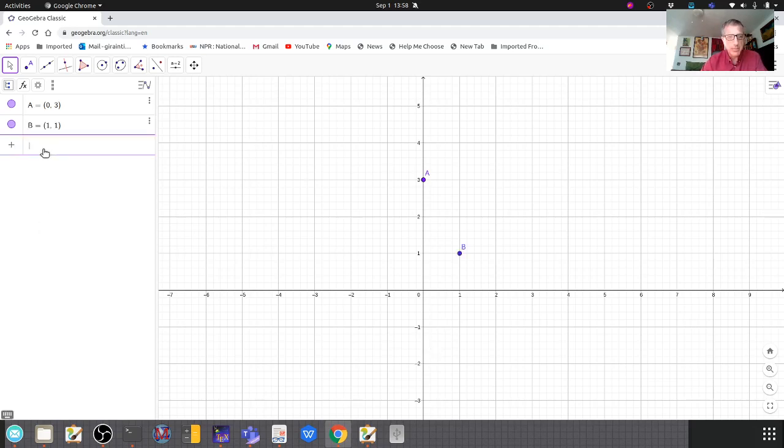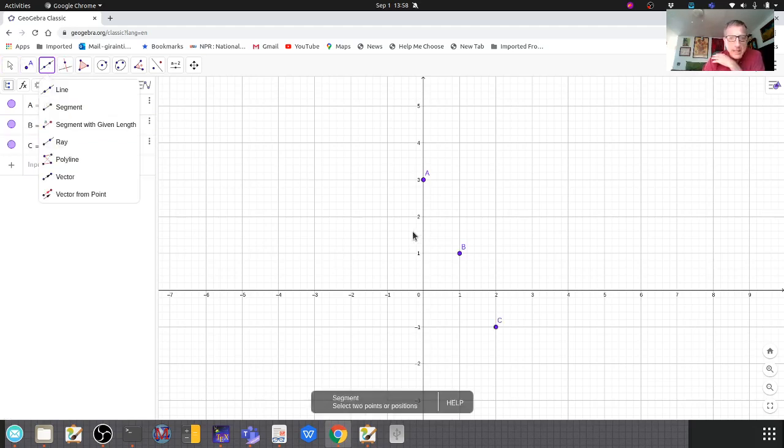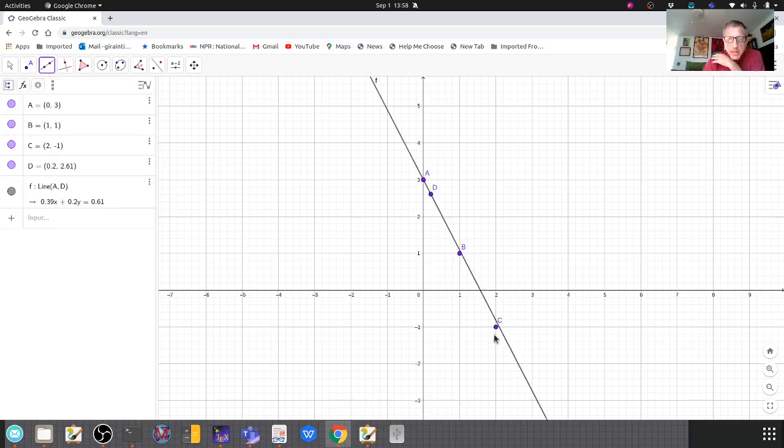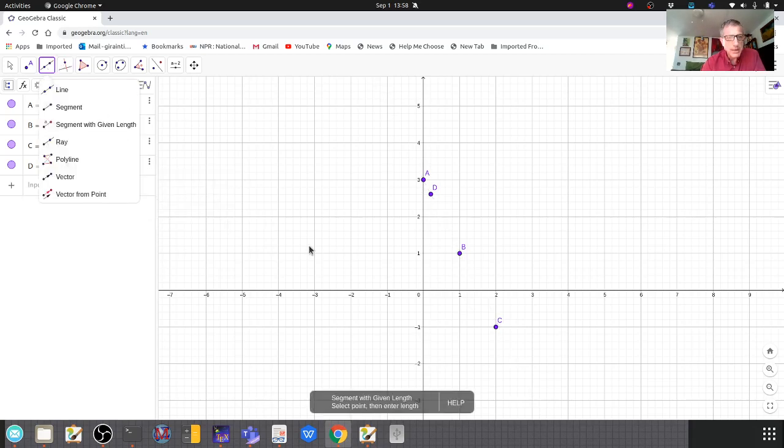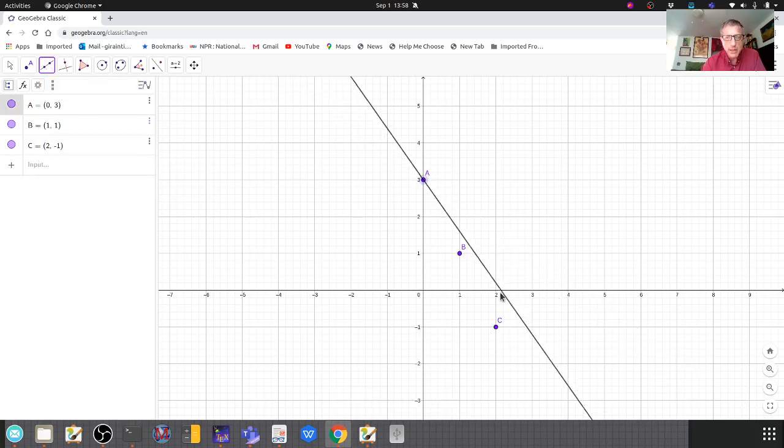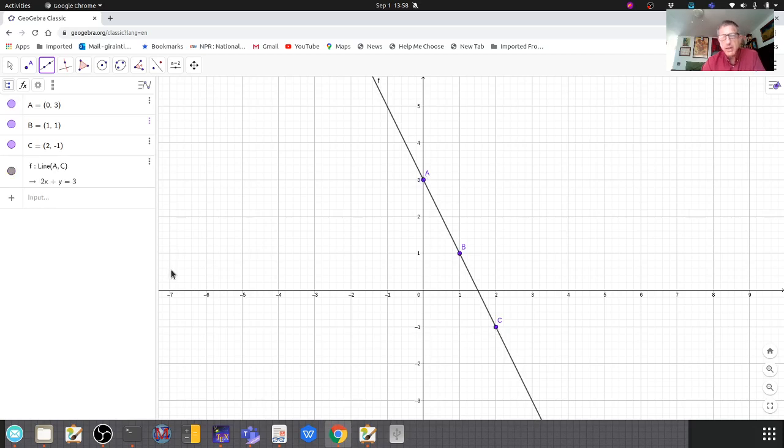And then I'm going to input the point 2 and minus 1, and we can immediately see that the straight line, I added an extra point accidentally. But my line, starting here and ending here, definitely goes through all three of those points.